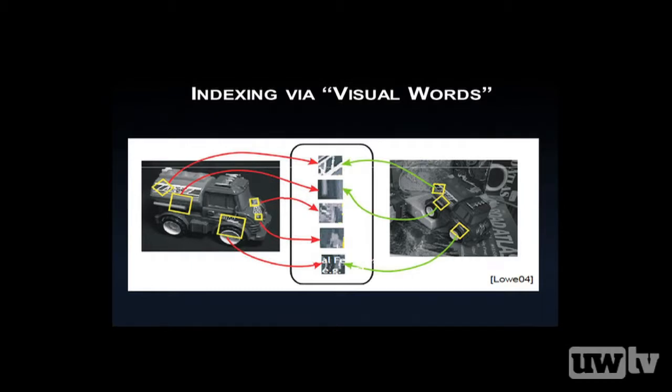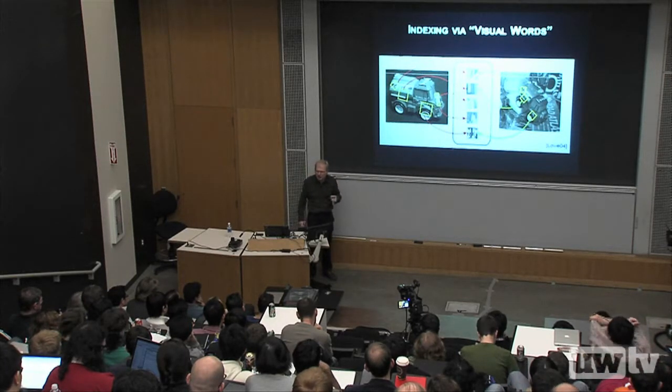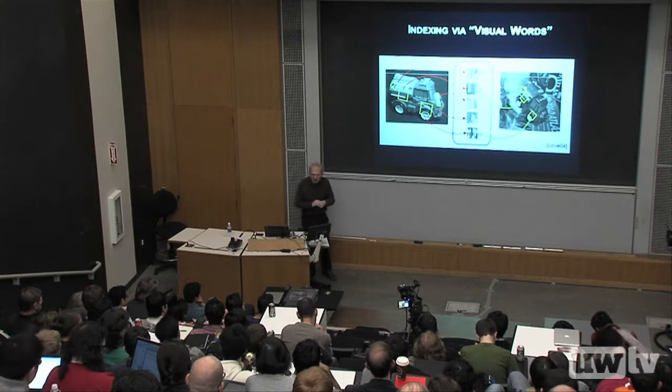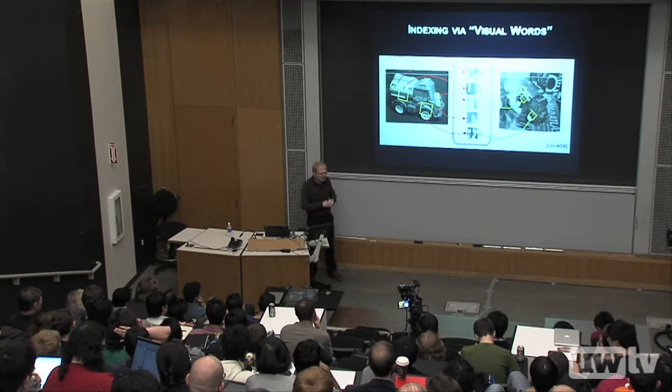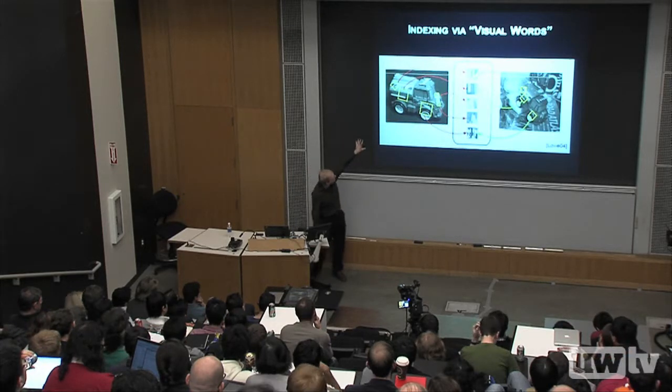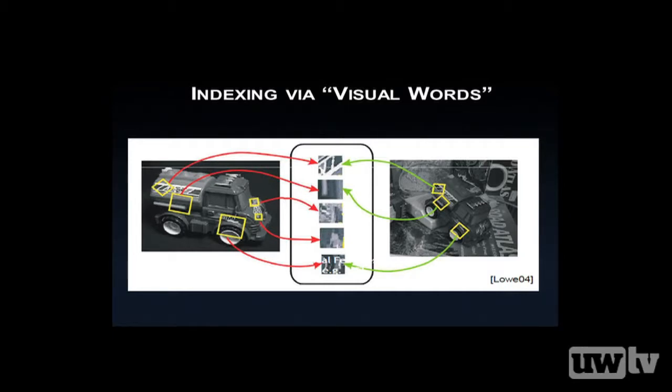Okay, so the idea here, and this is what, for example, Steve's work on phototourism uses as well, is a very popular method of indexing visual data invented by David Lowe up in Vancouver. So what you do is you find a bunch of features in your image, and then you quantize them into little patches that happen often, and then you see in a new image whether these patches fired there as well.